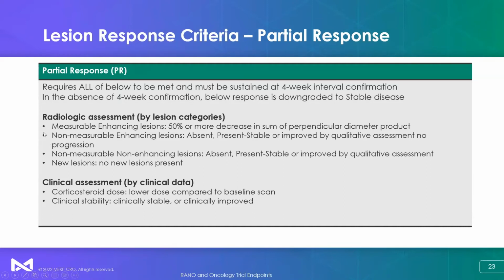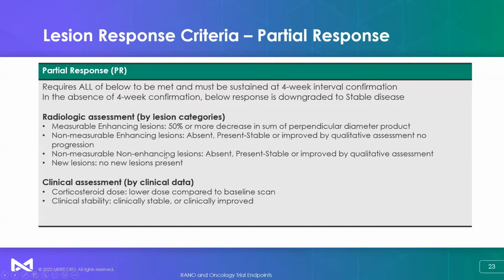For the radiologic assessment categories, we have, again, measurable enhancing lesions with a 50% or more decrease in the sum of the perpendicular diameter product compared to the baseline. Non-measurable enhancing lesions can be either completely gone, stable, or improved by the qualitative assessment, but should not have any progression.